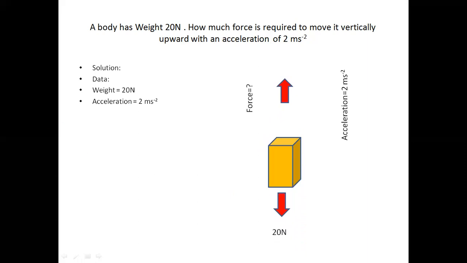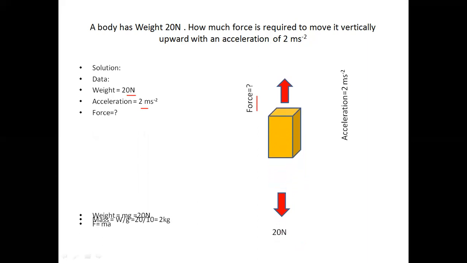The solution which is given to us: the weight is 20 Newton, and the acceleration is 2 meter per second square. We have to find out with what force it goes up. The weight of the block, or the attraction of Earth by which it pulls it towards the center, is 20 Newton, and we are moving against it. So we have to calculate the force.